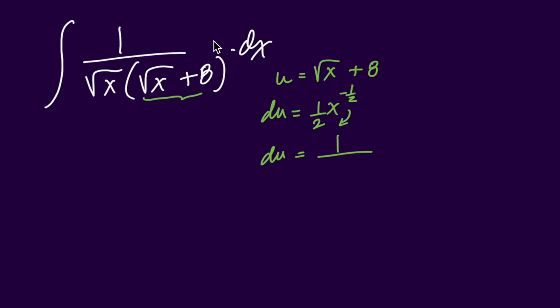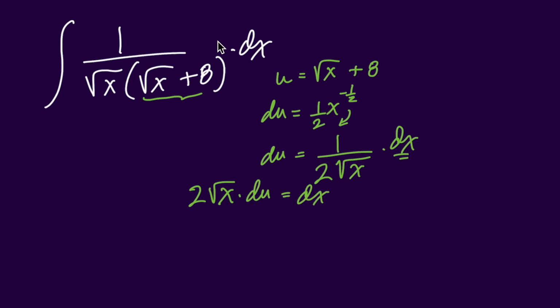So we're going to have 1 with 2 on the bottom and the square root of x down below times dx. When we solve for dx, we're going to multiply both sides by 2 square root of x. Du will be our dx.